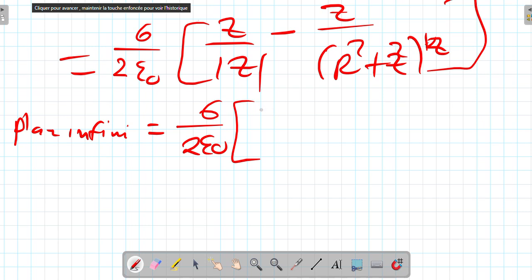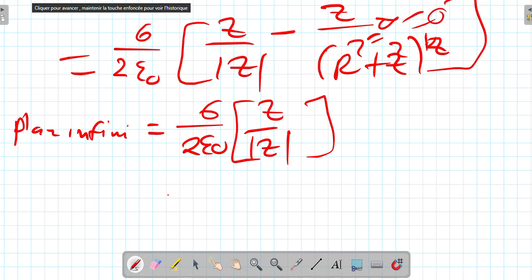So for the infinite plane, this is a situation where r is equal to infinity. Now here we put infinity where there's r. This is going to be something over infinity, which is always 0. So we're just going to have this, z over the absolute value of z, and z can be either negative or positive.